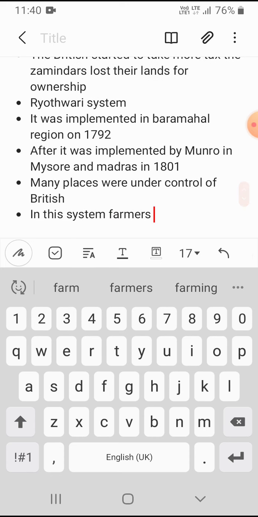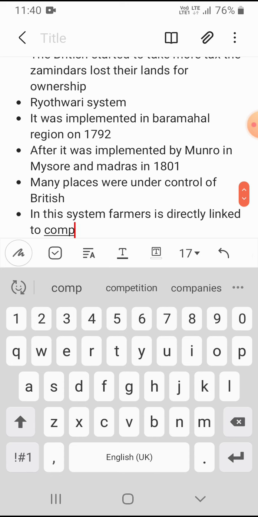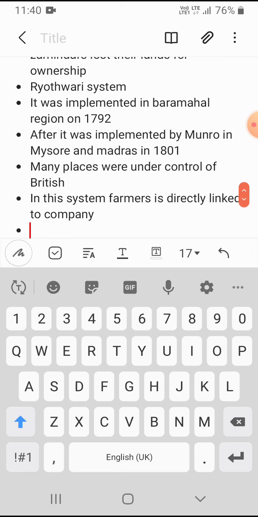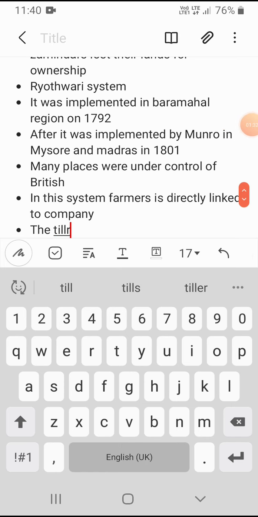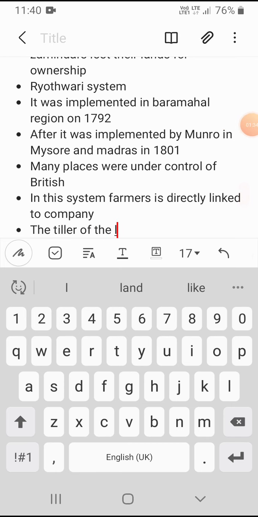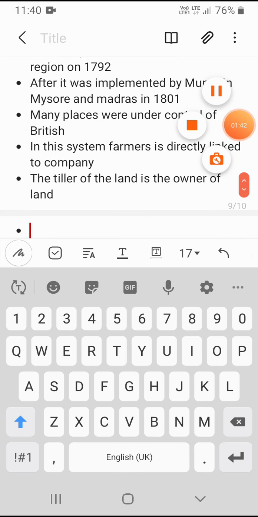In this system, farmers are directly linked to the company, and the tiller of the land is said to be the owner of the land.